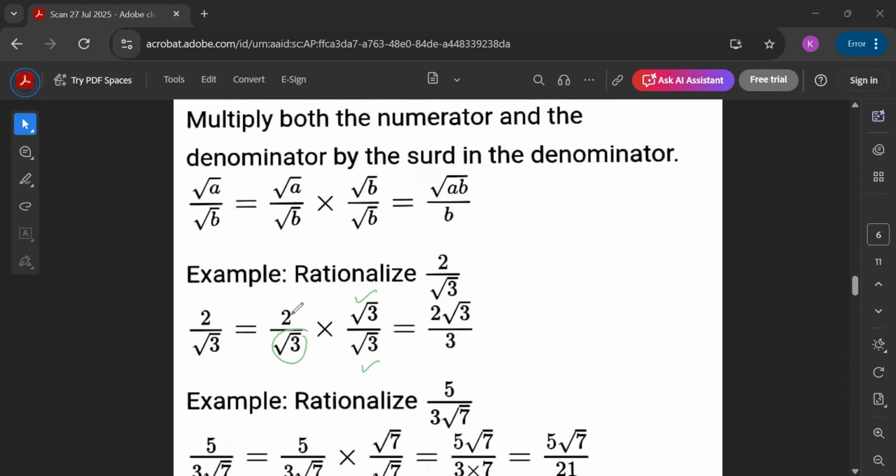Now, in the numerator, 2 root 3. Then in the denominator, root 3 multiply root 3. As these are the same thing, in multiplication, in the previous rule we have studied that we can write it down in a single root, that is 3 into 3.